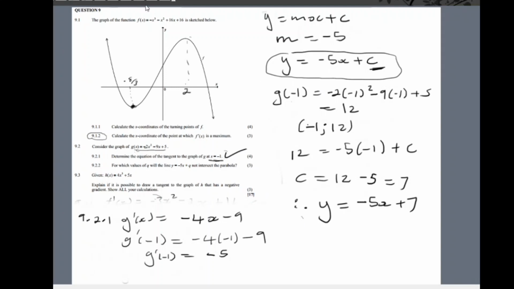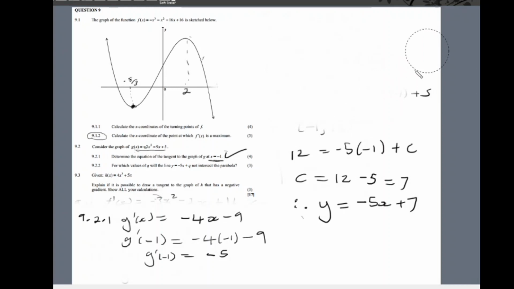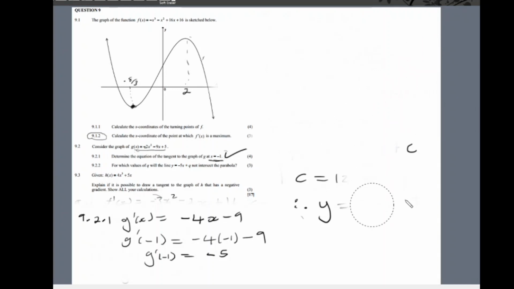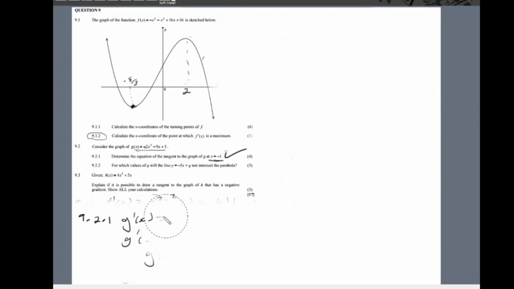Okay, let me erase here and create space. So for 9.2.1, our equation of the tangent is y equals minus 5x plus 7, right?